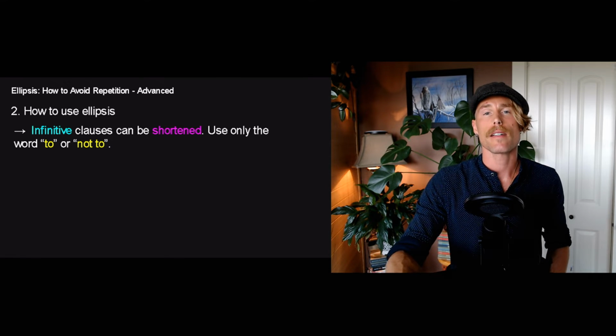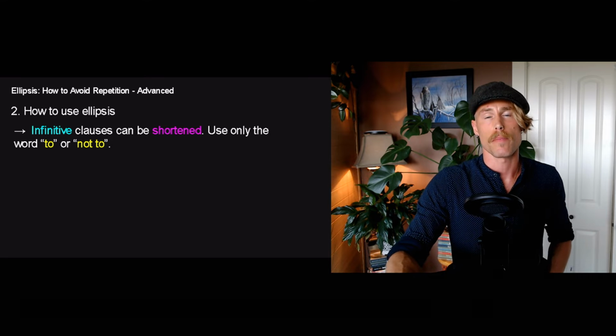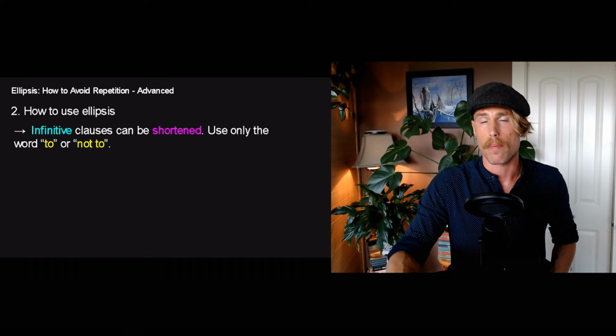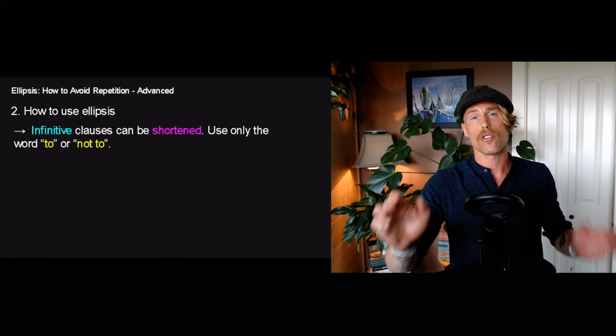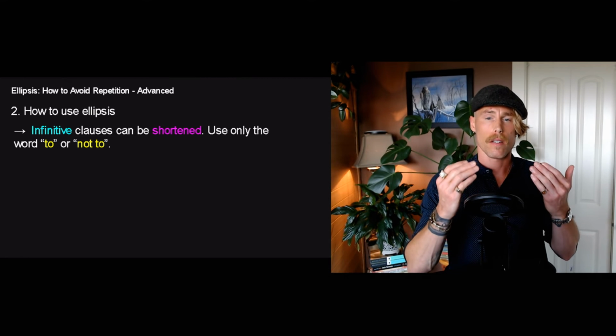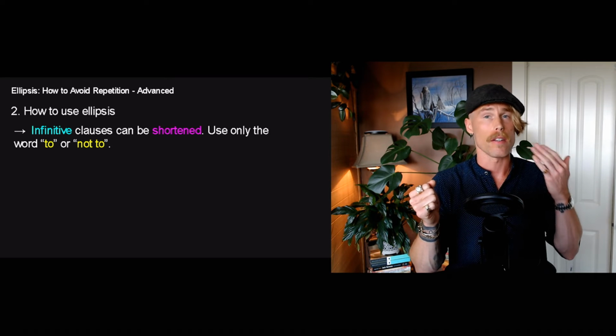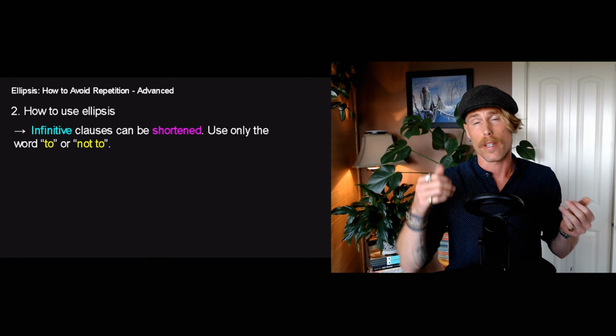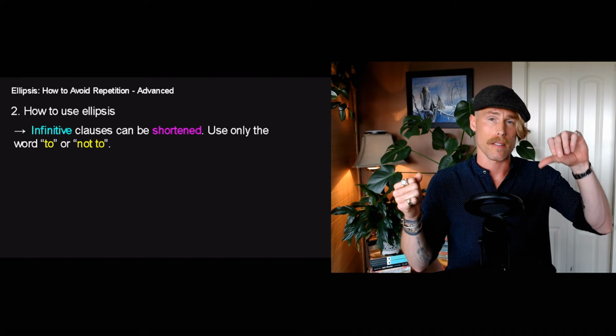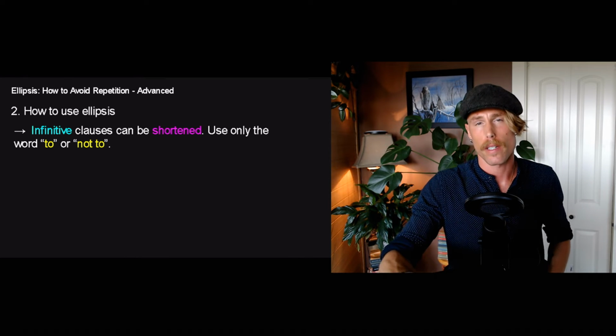All right, next way of using ellipsis, or next rule or tip. Infinitive clauses can be shortened. Only use the word to or not to. Obviously, to is positive and not to is negative, right? Let's look at an example.